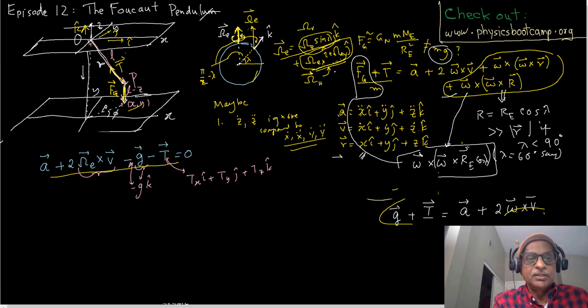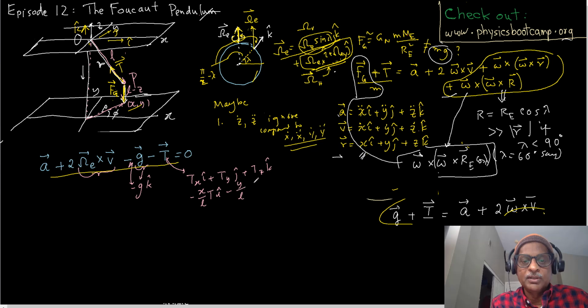So if you project, T is pointed in that direction. So this will be minus x over L times T i hat, and this will be minus y over L T j hat, and this will become this distance, L minus z over L times T k hat.